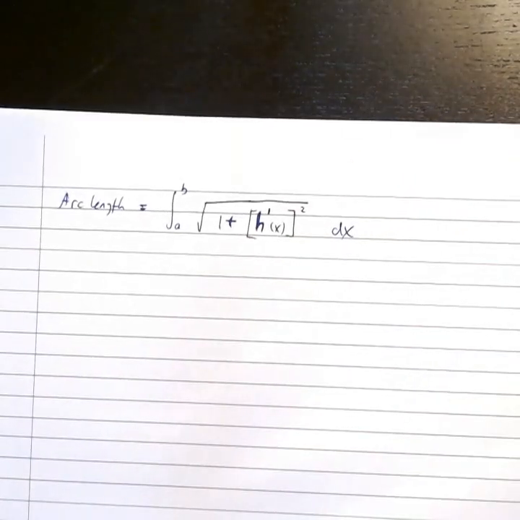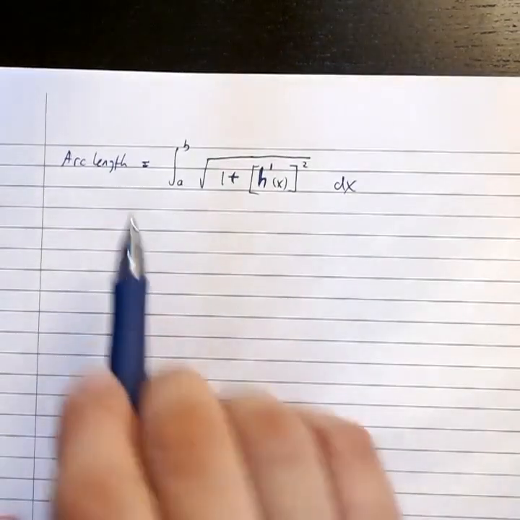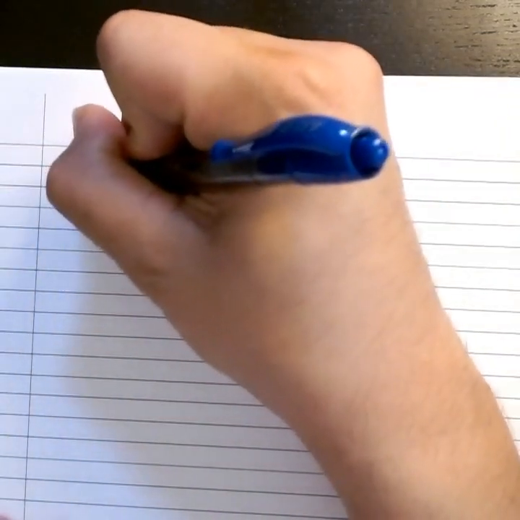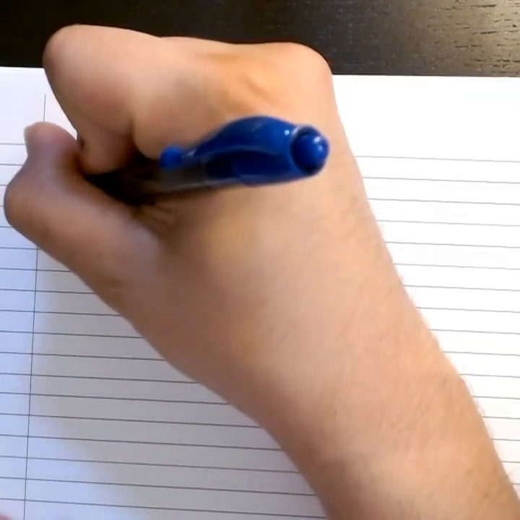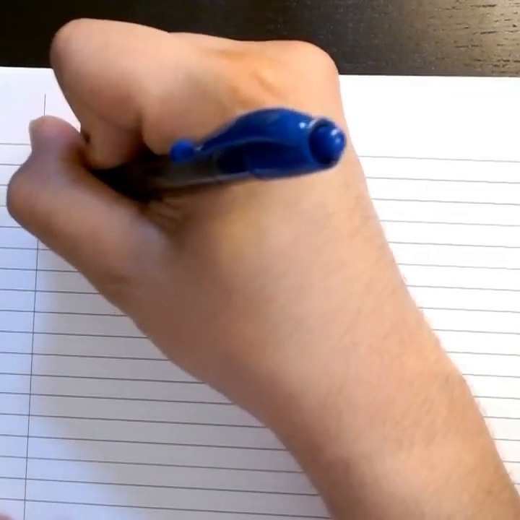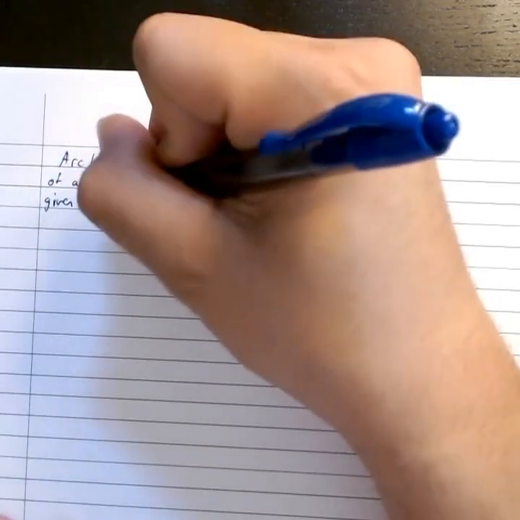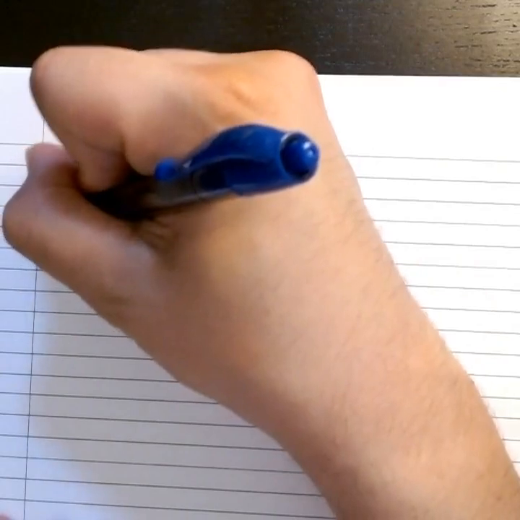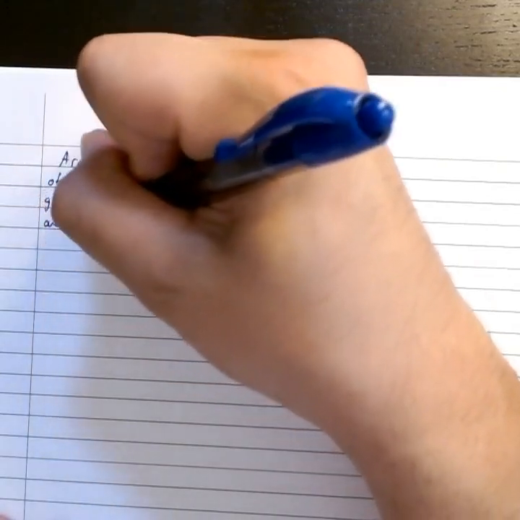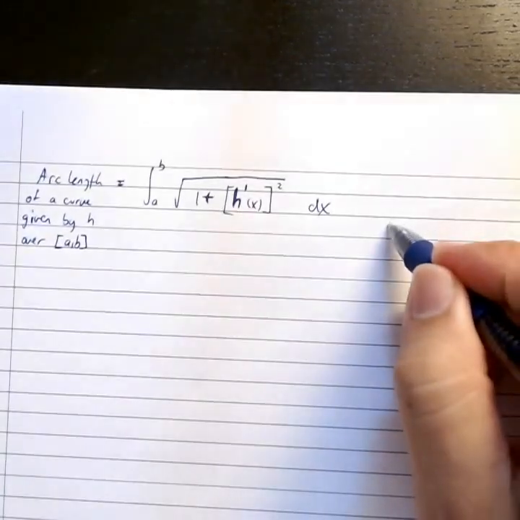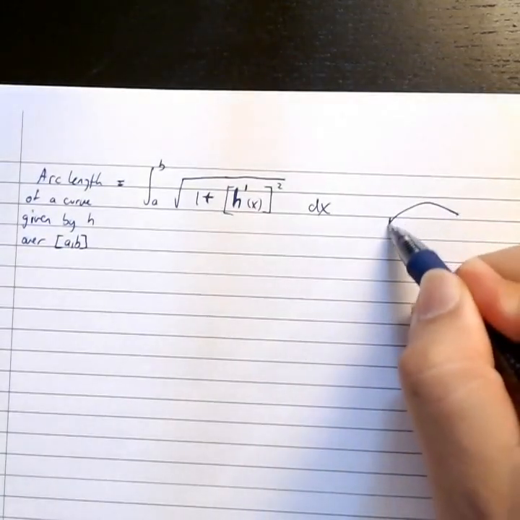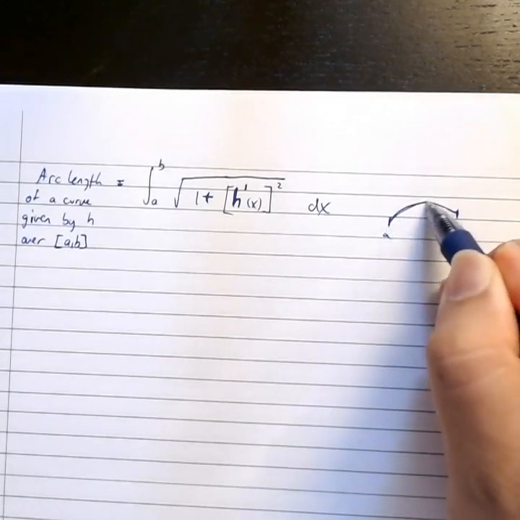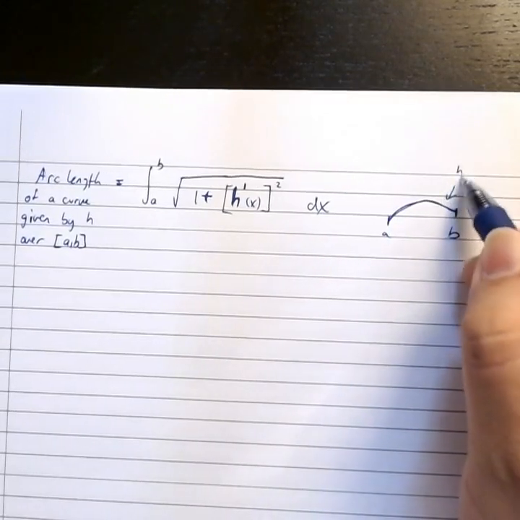And this is the result that we saw in Cal 1. This is the arc length of a curve given by the function f, I guess h in this case, over the interval from a to b. Okay? So you have a curve. It begins where x is equal to a. It ends where x is equal to b. And I have some function that gives me that curve.